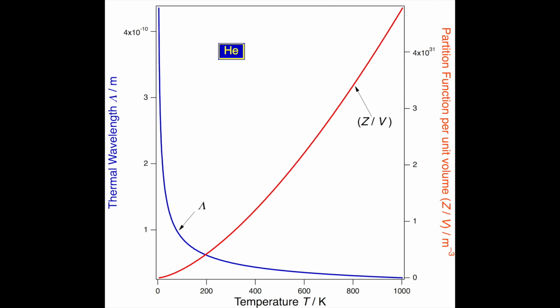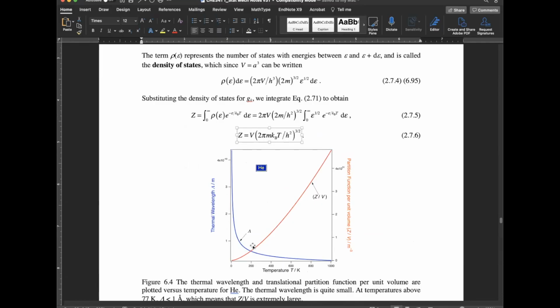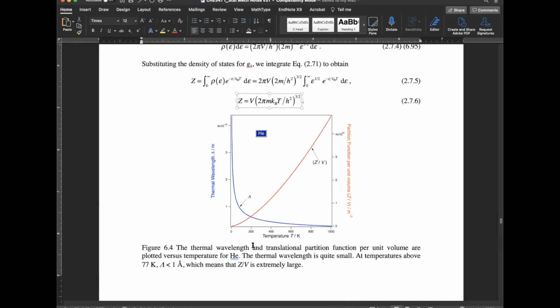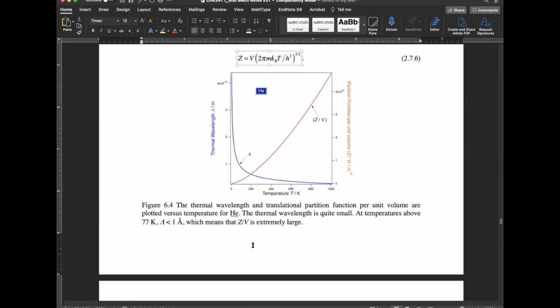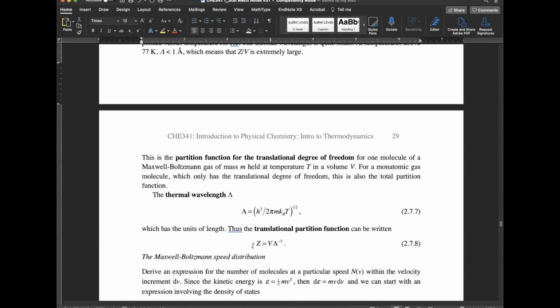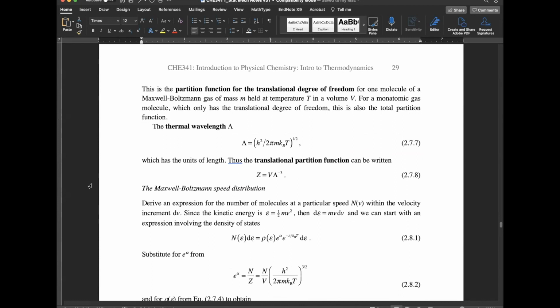The thermal wavelength, I mean, 10 to the minus 14 meters. Yeah, this is related to why translation has gone continuous on us. With this thermal wavelength, the box has to be really small to get quantum behavior, right? Okay, but calling that the thermal wavelength, we get a really simple expression for the translational partition function.